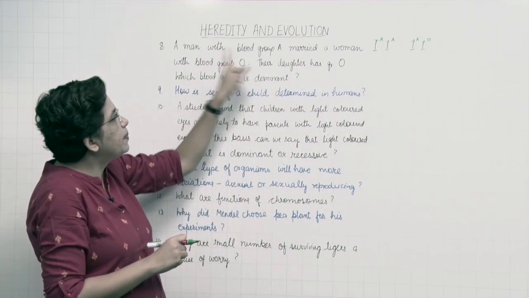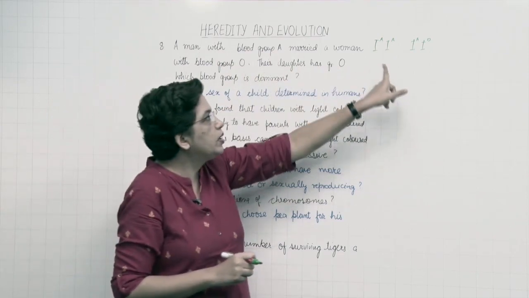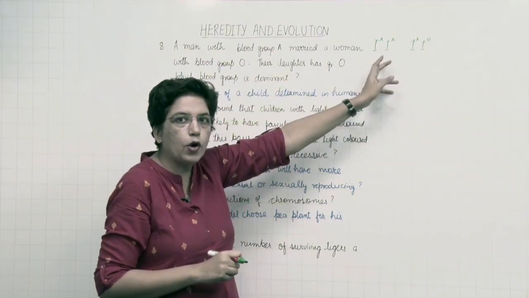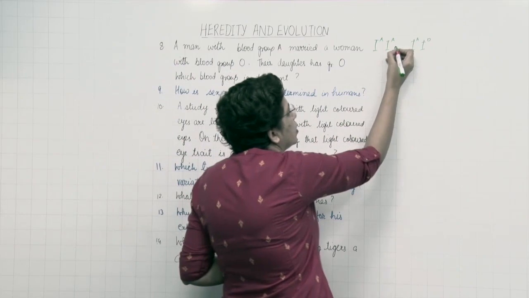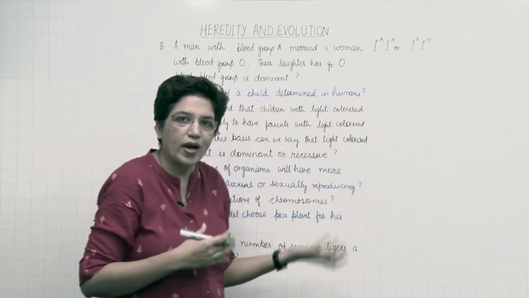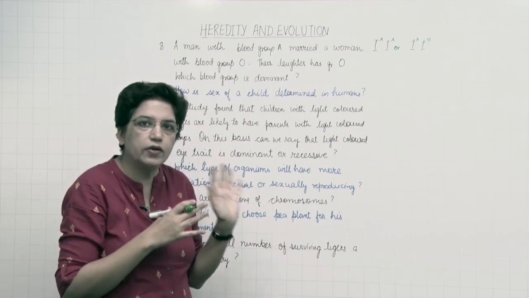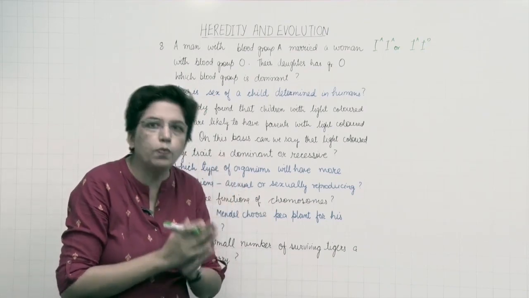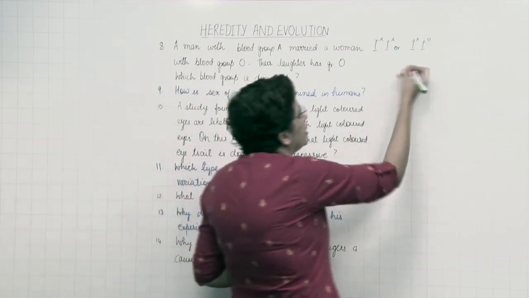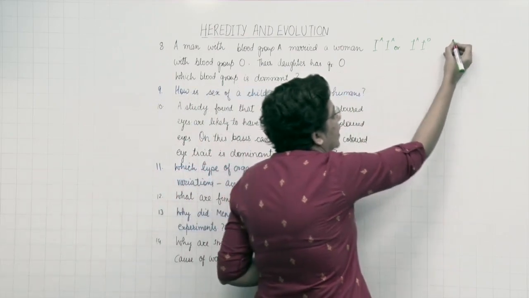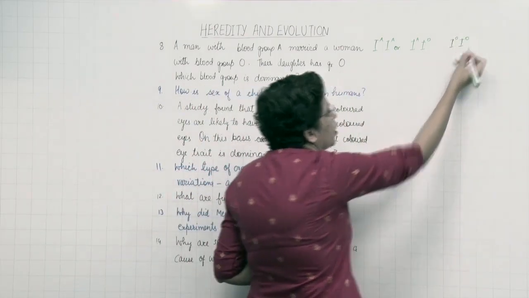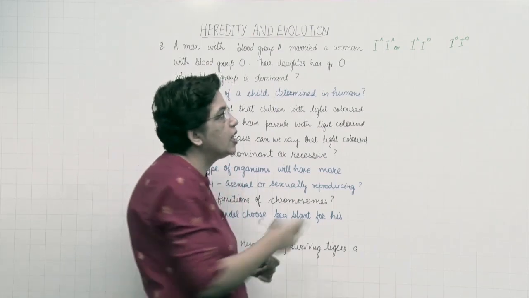Now, since the man has blood group A, the man can have either pure A genes or he can have one recessive and one dominant if we consider that blood group A is dominant. And the mother, since she has blood group O, that means mother has pure recessive genes.